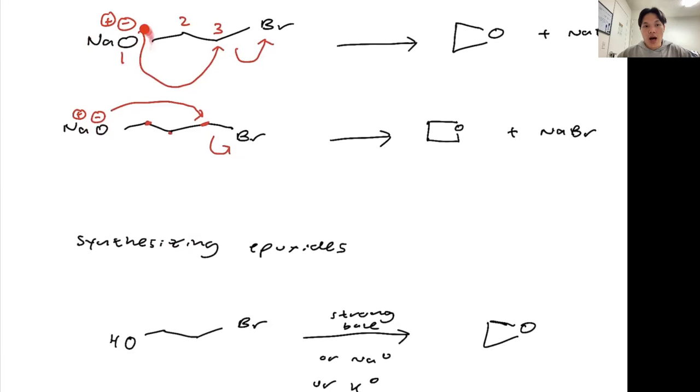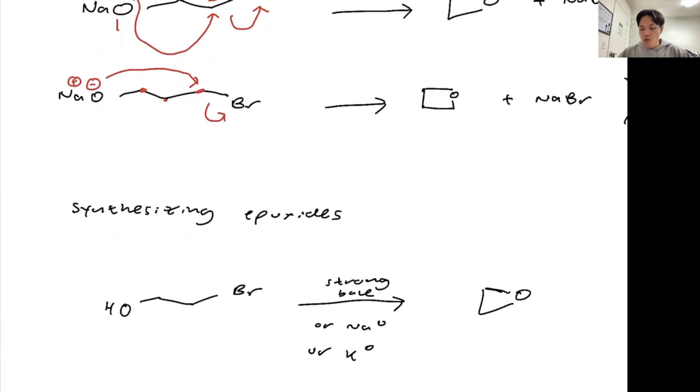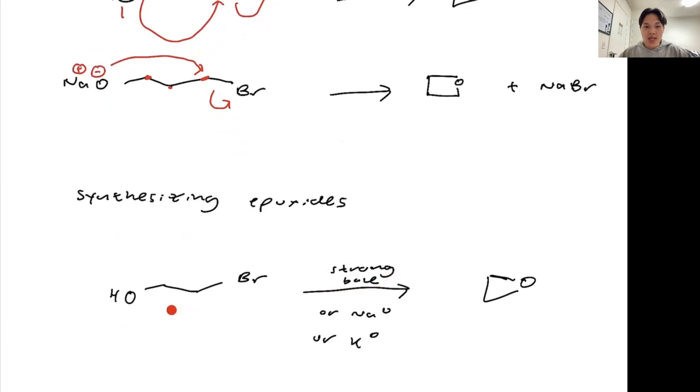I just showed you all how to make it over here, but we can use an alcohol that is 1 carbon away, right? This carbon has the alcohol, and then 1 carbon away from it is a good leaving group. If we use a strong base, it's going to deprotonate this hydrogen, or if we use a sodium metal, it's going to go up top like this, or we can even use potassium to make this an alkoxide, right?